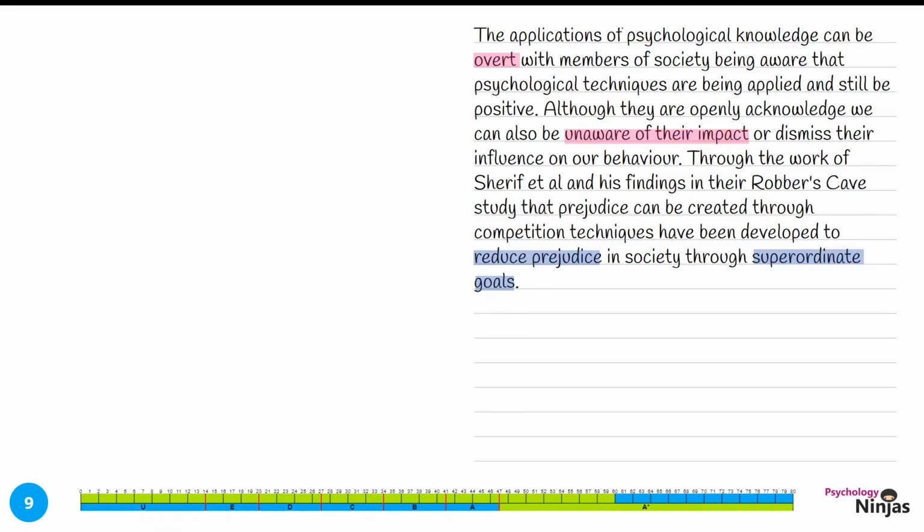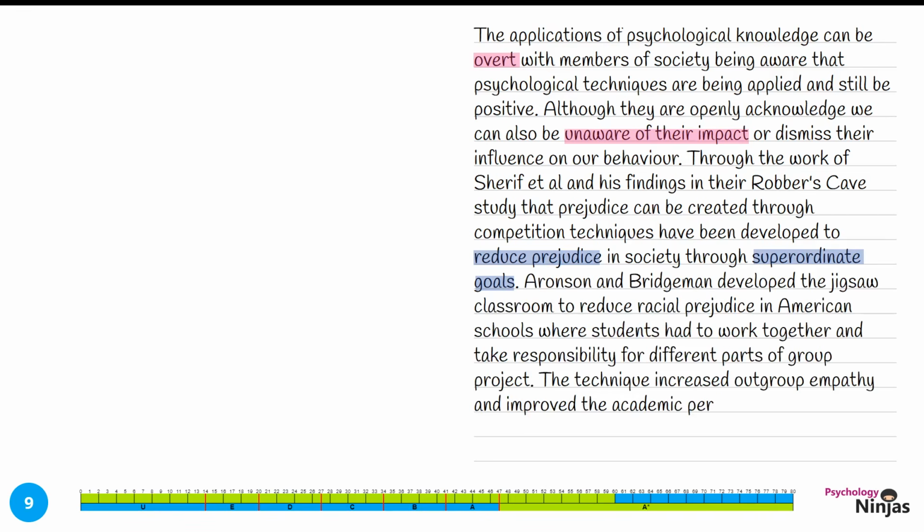We're then going to give an example from research about how this has been conducted. You could use a popular example in society instead to still show the same effect. Aronson and Bridgeman developed the jigsaw classroom to reduce racial prejudice in American schools, where students had to work together and take responsibility for different parts of a group project.